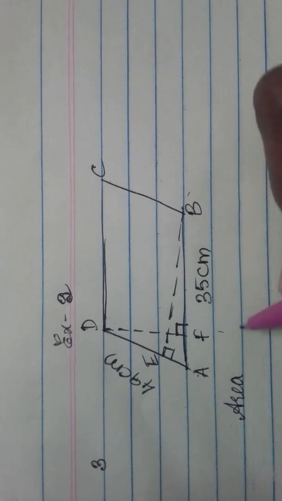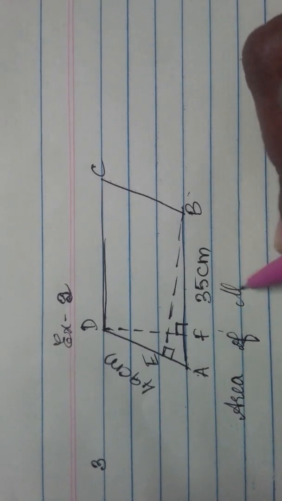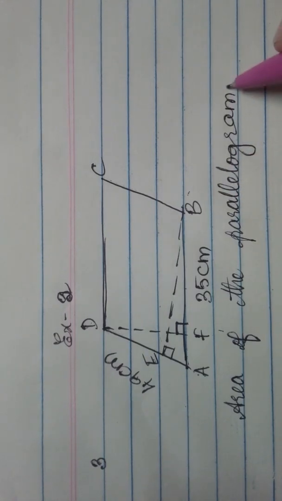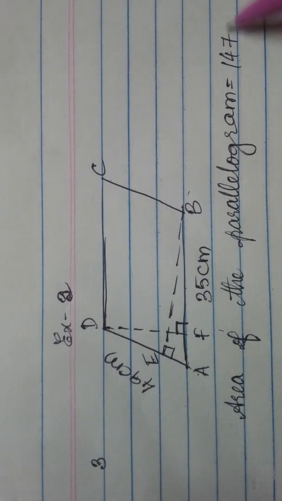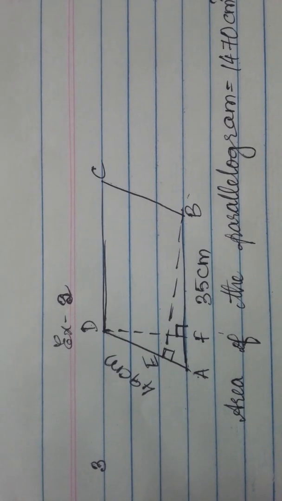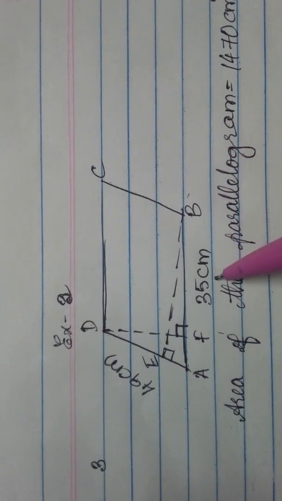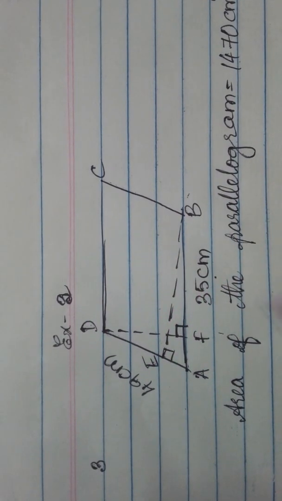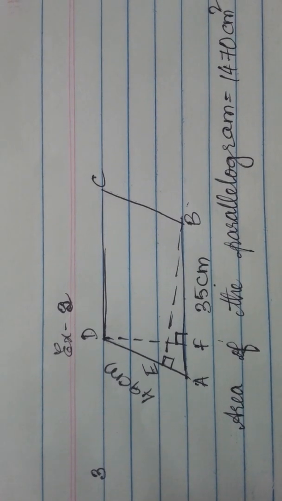The area of the parallelogram is given, which is 1470 centimeters square. Then AB is given as 35 centimeters, AD is given as 49 centimeters. Find the length of BE.